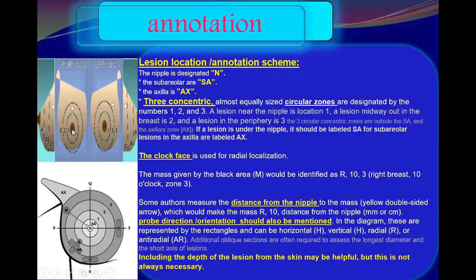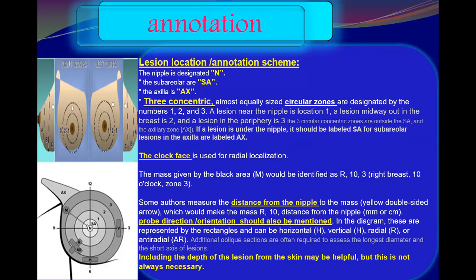Zone 1 is the closest to the nipple, but is not at the nipple area. It's not behind the nipple. The nipple is not included. The area near the nipple is zone 1, zone 2 is in the middle, and zone 3 is the peripheral. Divide the breast into 3 equal zones around the nipple, then middle, and then peripheral, and you can describe the lesion as at zone 1, zone 2, or zone 3.